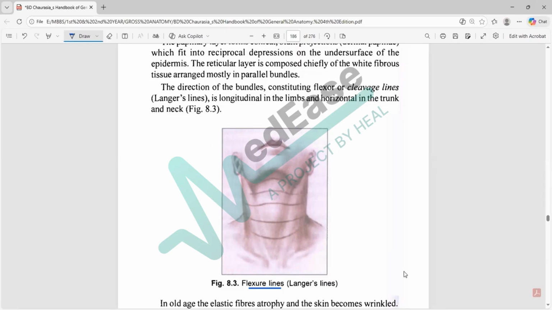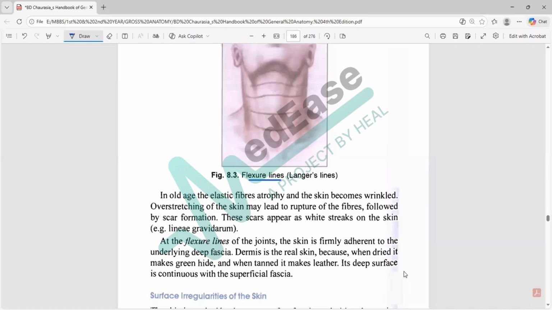Whenever we place the incision along this line, there will be minimal scarring, while an incision perpendicular or at an acute or obtuse angle to this line will cause too much scarring, and we need to use lots of suturing there.